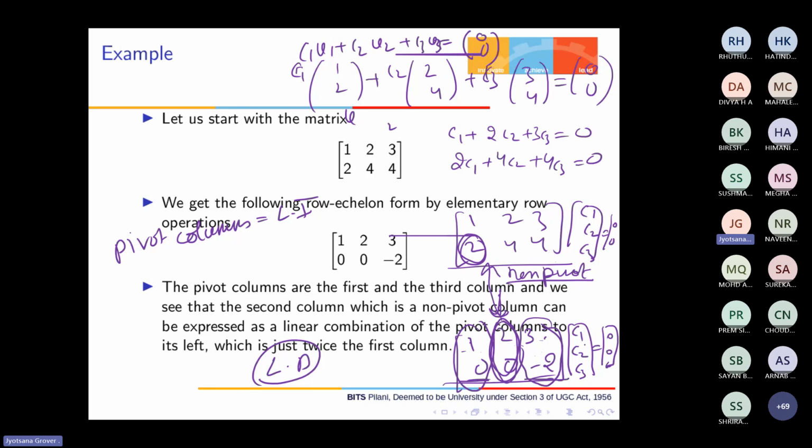So that's why you'll say that these vectors are linearly dependent, because of the rank. What is the rank? The rank of the matrix is the number of non-zero rows, which is 2.